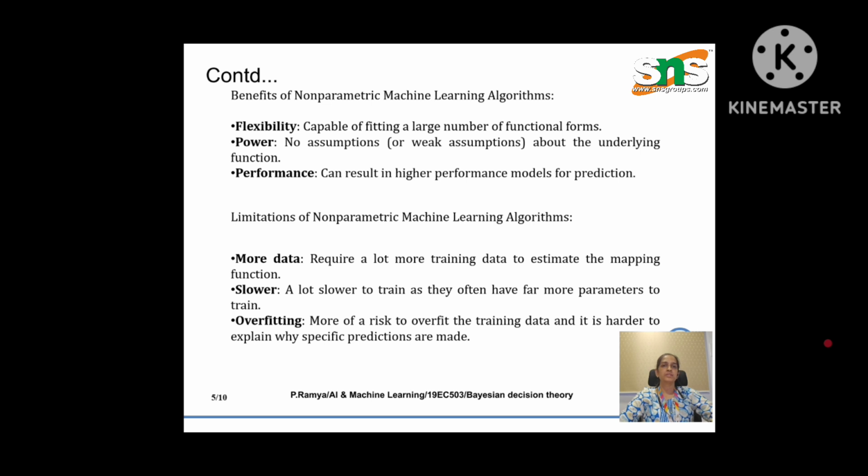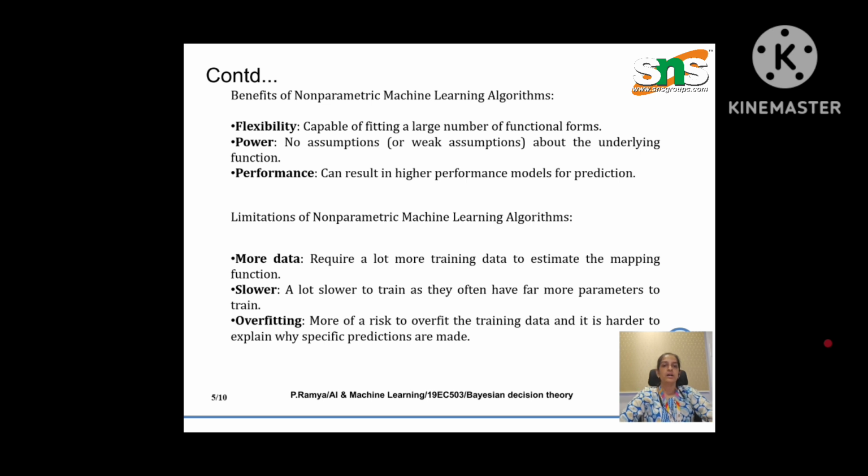And while coming to the limitations, it requires more data because the training data should be larger to estimate the mapping function, and it is a lot slower to train as it has far more parameters to train. Also, KNN needs many points for good accuracy.